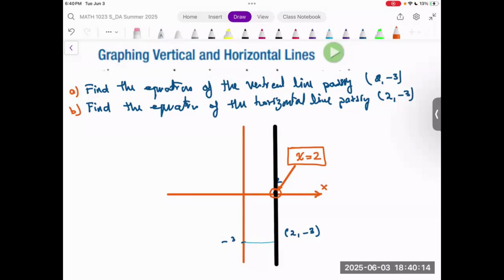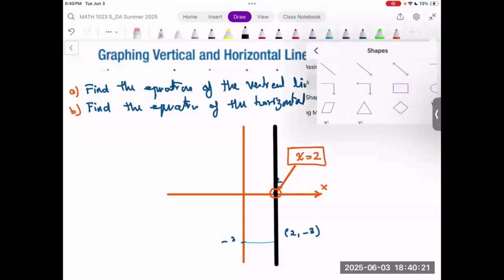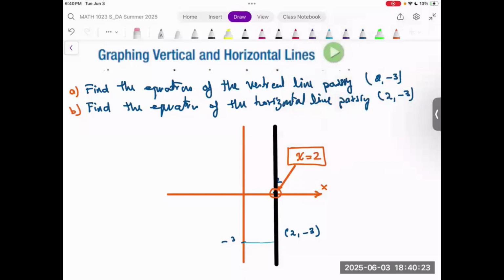Now, if I want to do the horizontal line, I'm going to do exactly the same thing. I'm going to draw the horizontal line. This is my horizontal line. What axis does it intersect? The x or the y? The y-axis, very good. And where? At this point, right? What's the label of that point? -3.